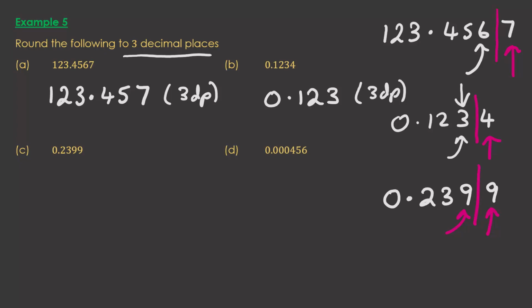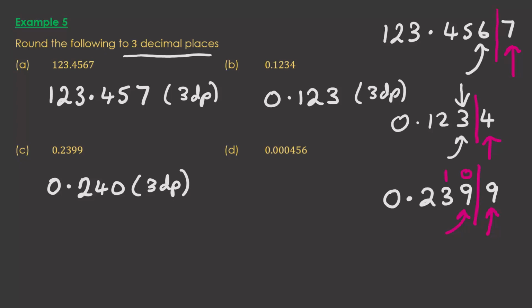But there's no space to round it any further. 9 is the largest digit you can have in a column. So it would round to a 10. And what that means is that you put a 0 in this column and put an extra 1 over here. So that one is actually 0.240 to 3 decimal places.